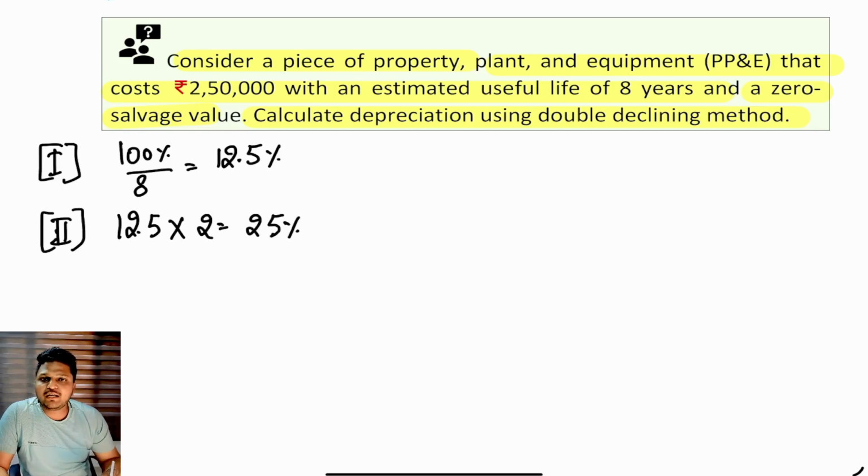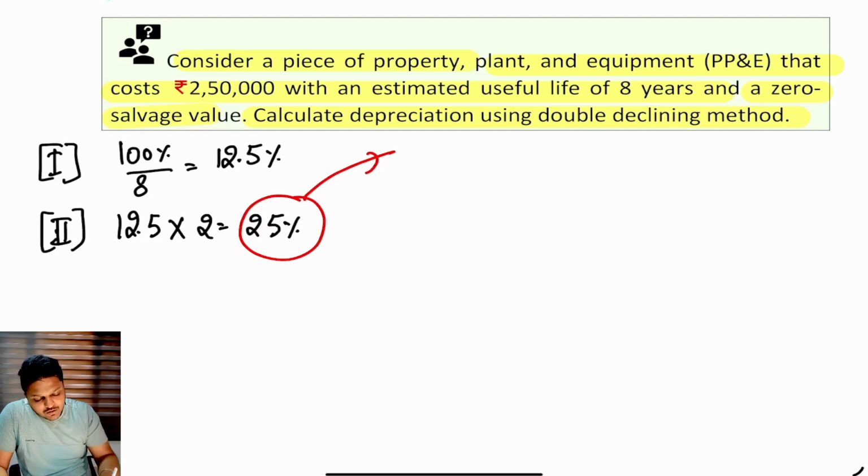Now we will use this 25% to calculate the depreciation, and we have to use the WDV method. Simple as that. The PPE amount is given to be 2,50,000. So for the first year, the depreciation will be 2,50,000 multiplied by 25%.